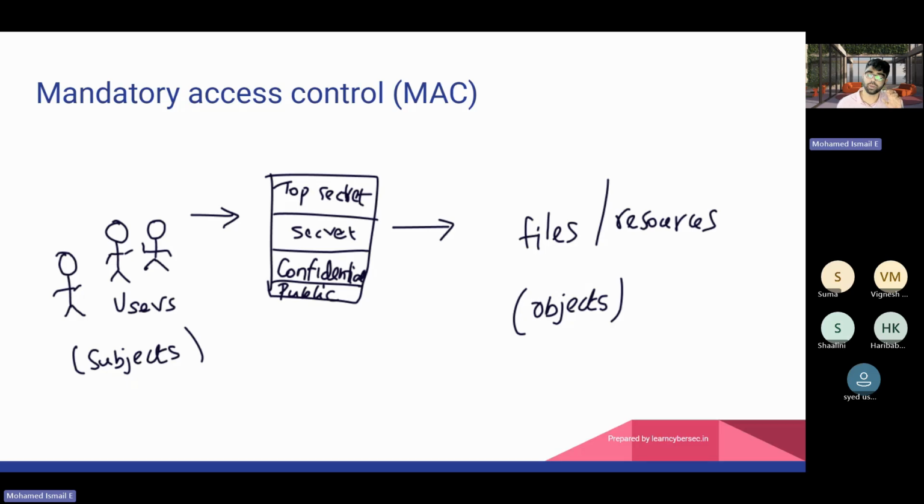Then, based on the label, files are granted access to subjects. So the object owner doesn't have control over whom he is granting access to or not.